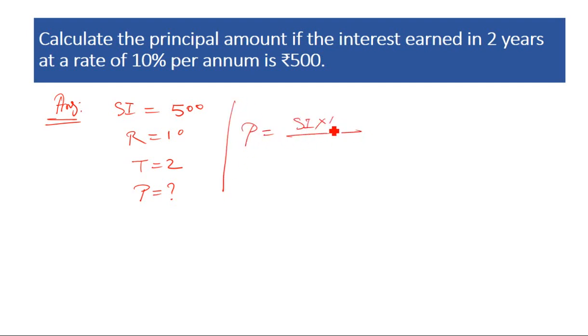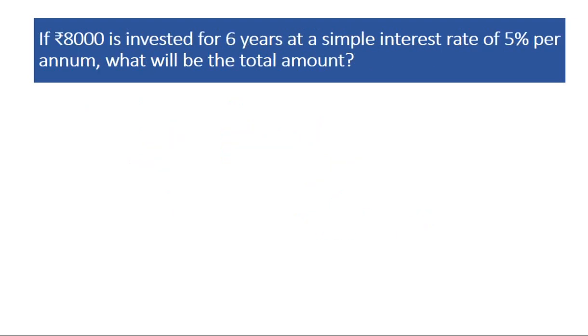P is equal to SI into 100 by R into T. 500 into 100 by 10 into 2. Correct answer is 2500.